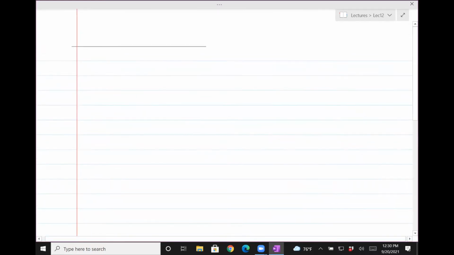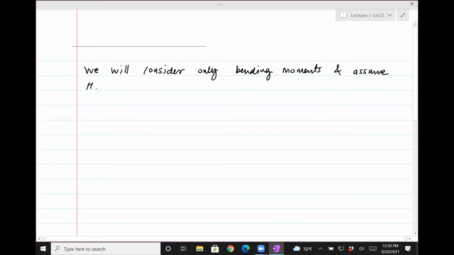Okay, so in this case, what we'll do is we will consider only bending moments and assume that shear stress is 0. Okay, and that's required because the equations which are developed are based on this assumption.